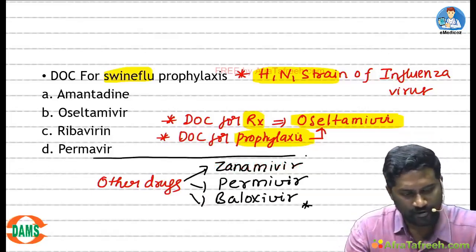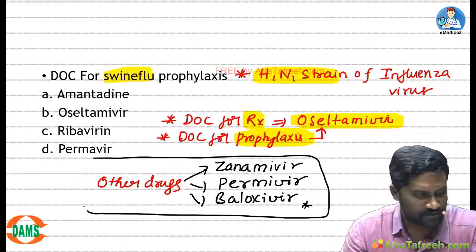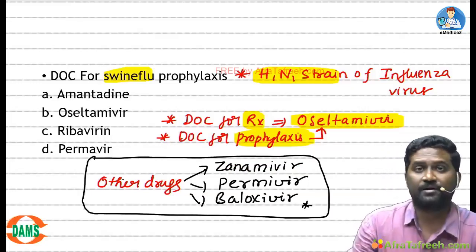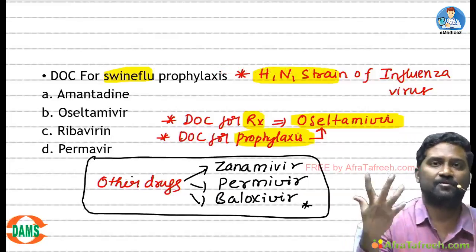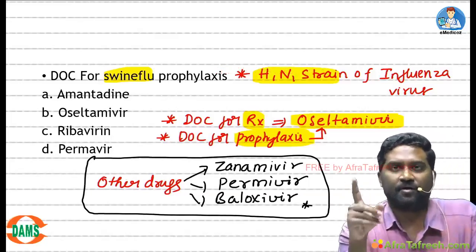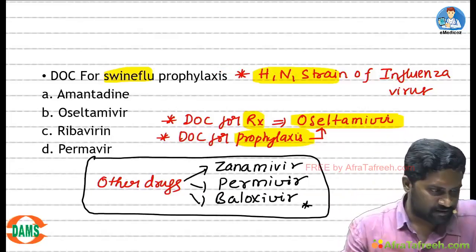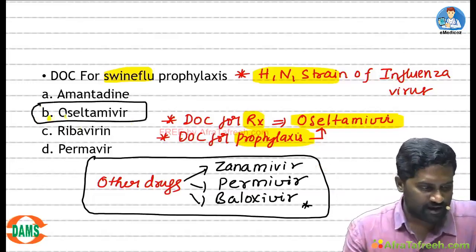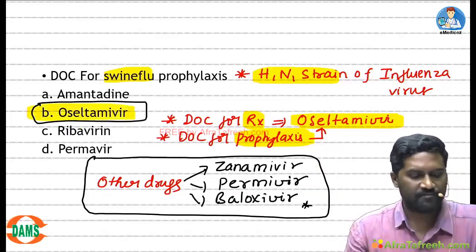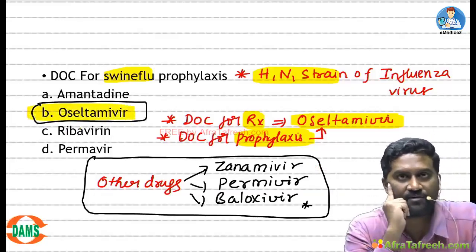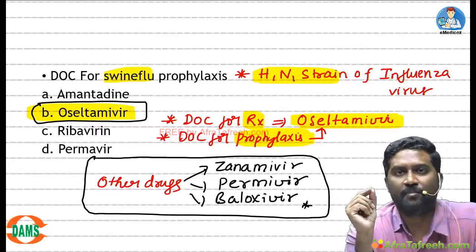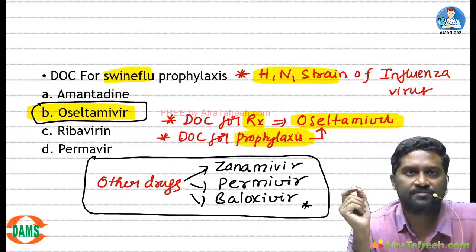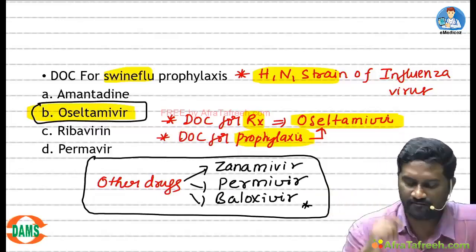But before these could be used, there was COVID pneumonia, which made us forget about swine flu. The drug of choice is oseltamivir. The best answer is oseltamivir. For prophylaxis also it is oseltamivir. Other drugs we have are zanamivir, peramivir and baloxavir. So this is regarding swine flu.